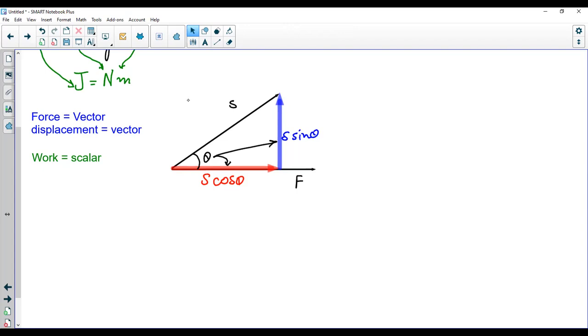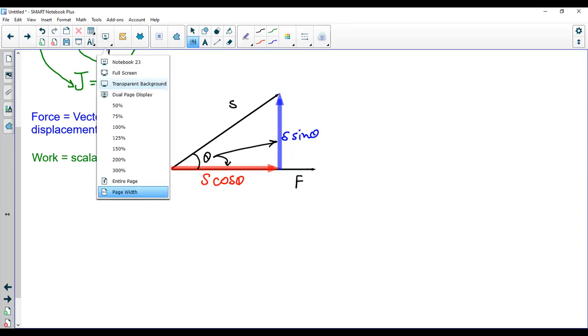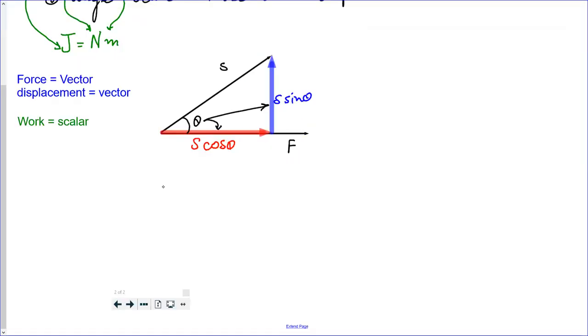So do you have an idea what the work energy principle is? No? Okay, no problem. Like I said, it's a really simple thing. You may have an idea, but you don't know that it's called the work energy principle.